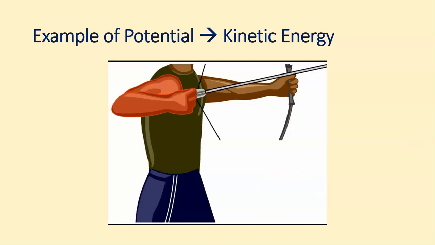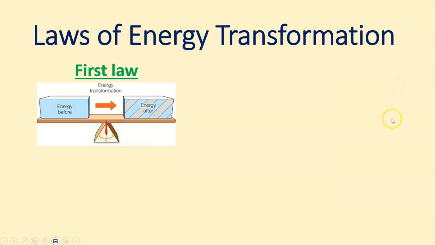All energy is governed by the laws of energy transformation. So we're going to briefly talk about the laws and then how this relates to a biological system. The first law of energy transformation, or you might have heard of it as the law of thermodynamics, states that energy cannot be created nor destroyed.